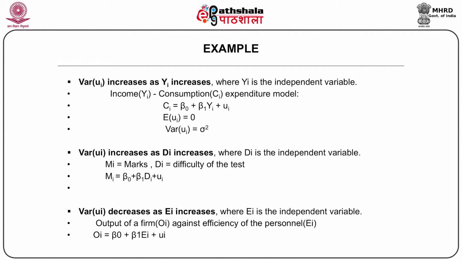Suppose our regression model has an independent variable EI, where EI denotes the efficiency of a person, and the dependent variable is denoted by OI, where OI is the output of a firm. In this model, the variances of the error term UI decrease as the efficiency of the personnel increases.